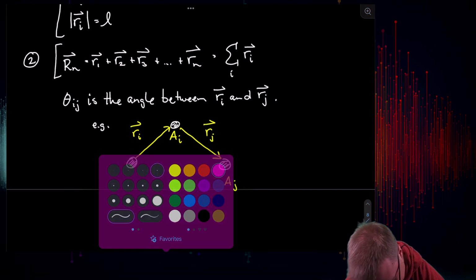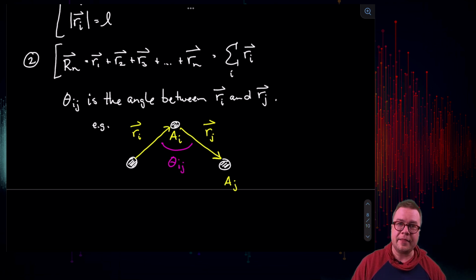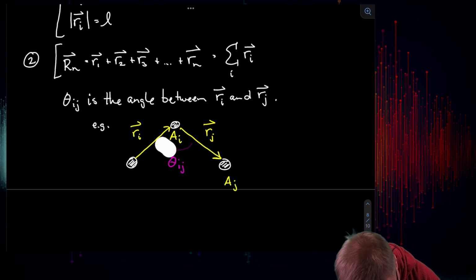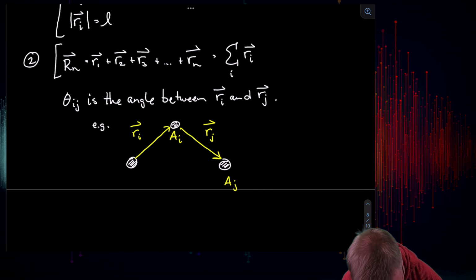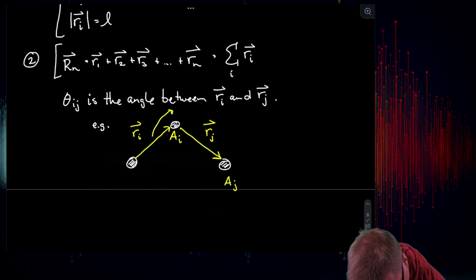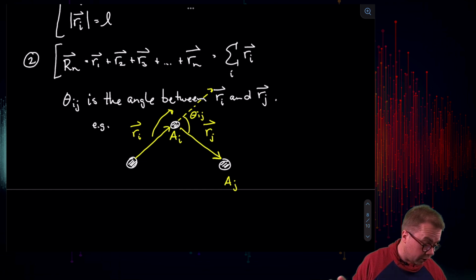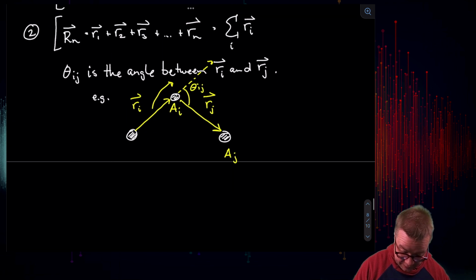And that means that this angle here, theta ij, would be the angle between them. Right? Or maybe it's clearer if I do it this way. If I was to translate this vector over here, it would look something like this. And so this would give you theta ij. Okay, so those are all kinds of the basic definitions.